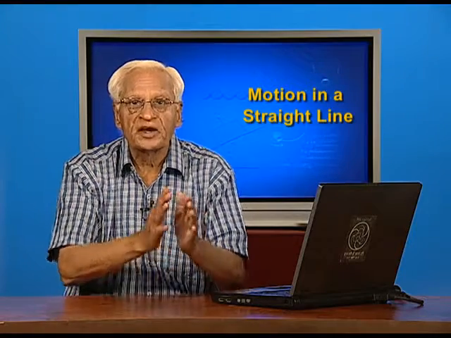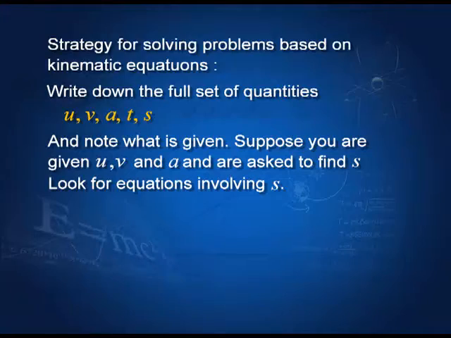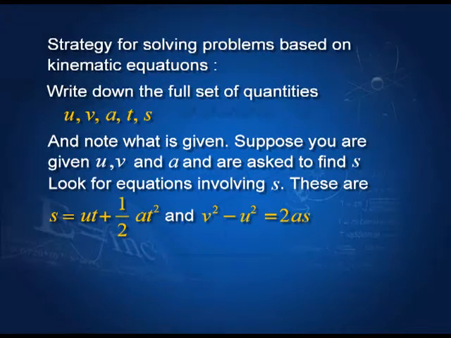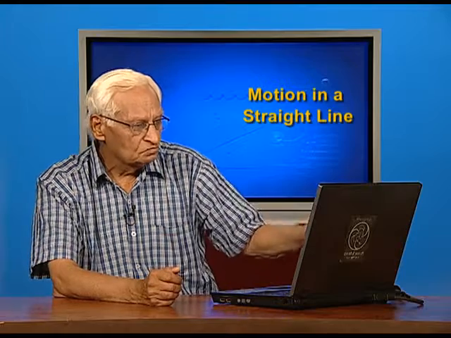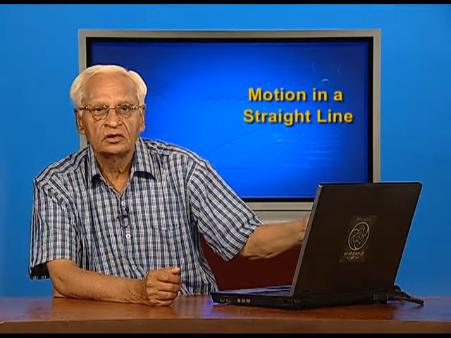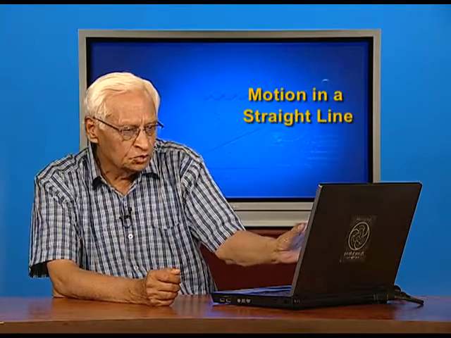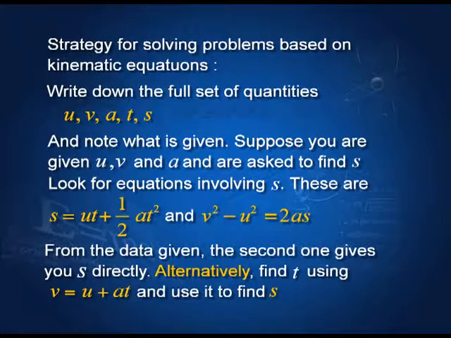Then you look at the appropriate equation which connects u, v, a with s, and one of these equations is s equal to u t plus half a t square. So, we can use that equation to find s. We can also use v square minus u square equal to 2 a s to find s if we know the final velocity and the initial velocity. So, first make a full set of quantities, then those which are given, and then find the equations which connect those quantities.